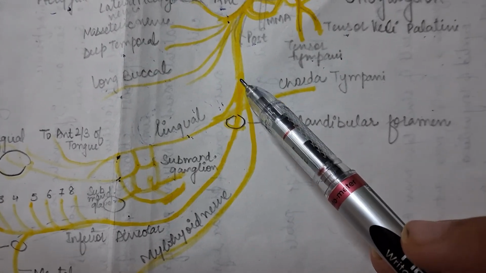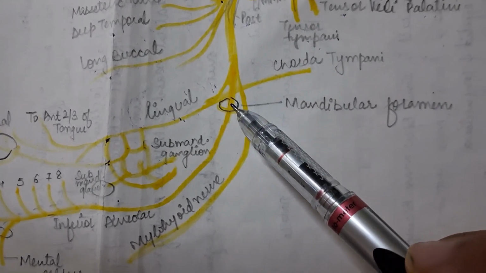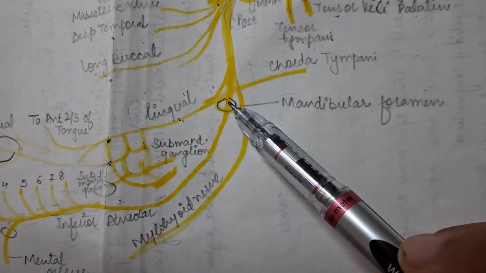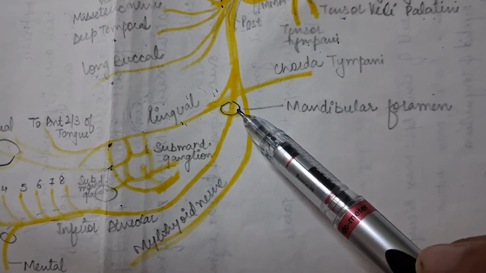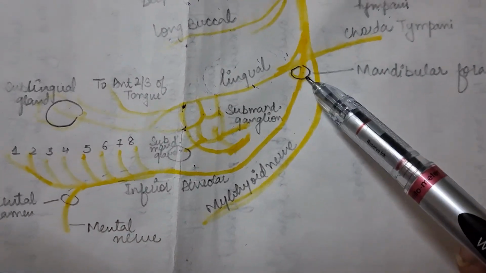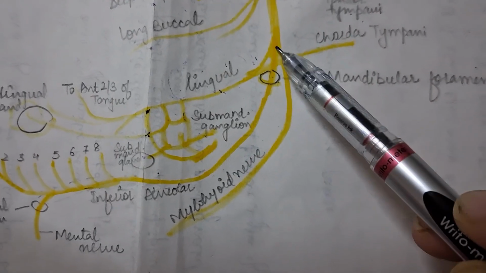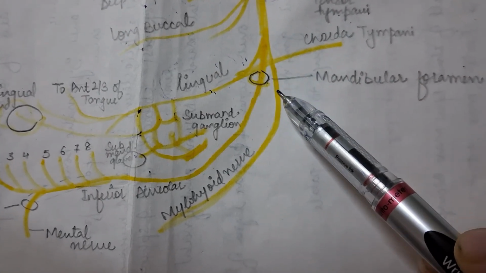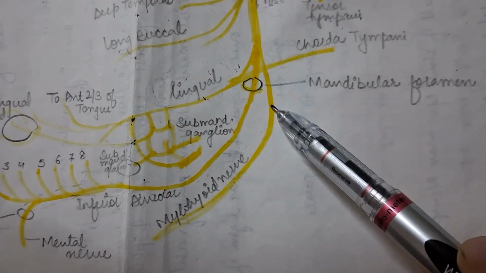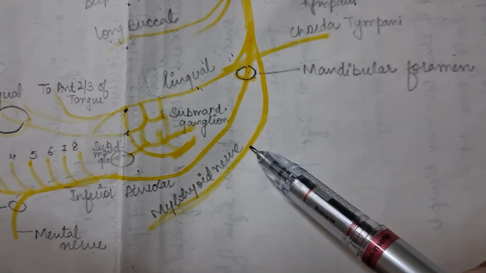The inferior alveolar nerve enters the mandible through the mandibular foramen, into the mandibular canal. Before entering it gives one branch, the mylohyoid branch, which supplies the mylohyoid and runs in the mandible in the mylohyoid groove.